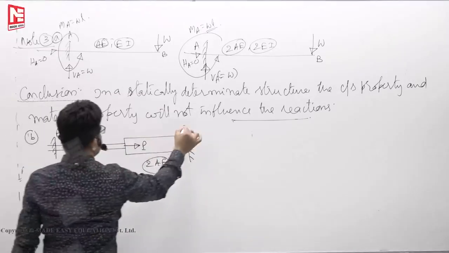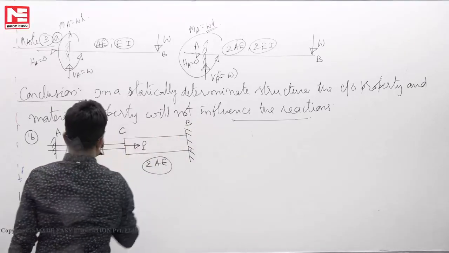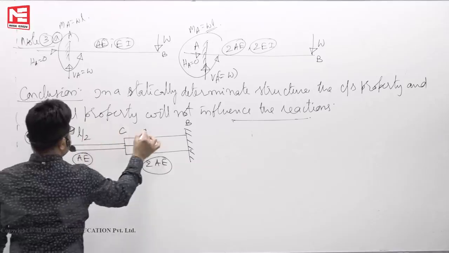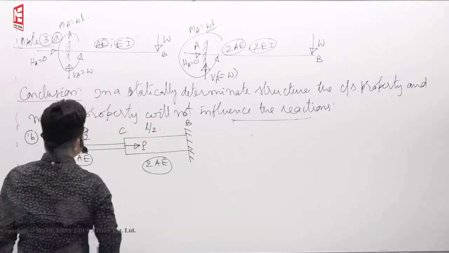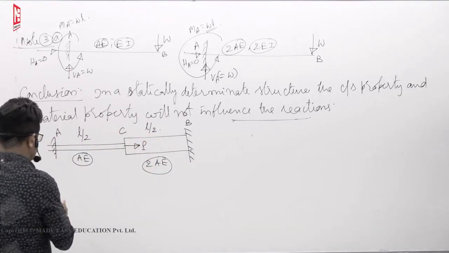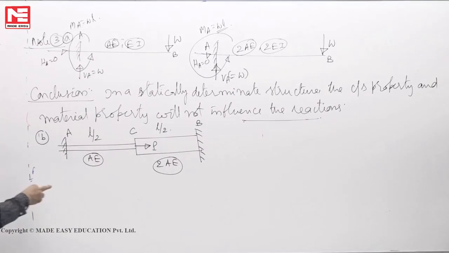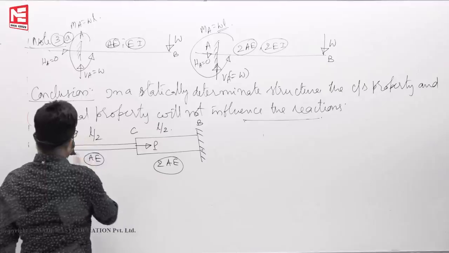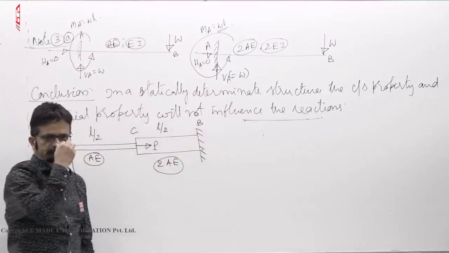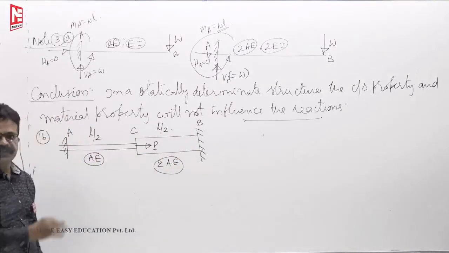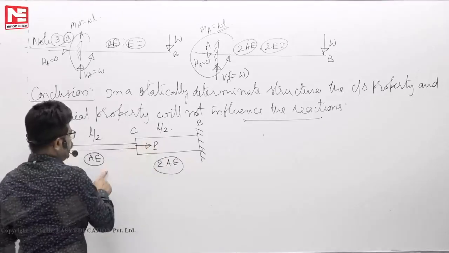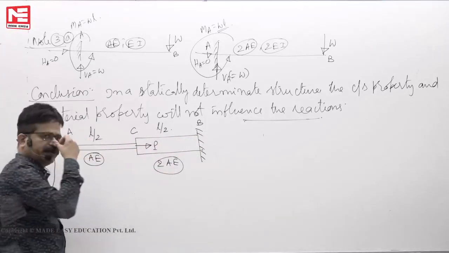This point let us say A, B, some point say C. Length is L by 2, L by 2. Now if the cross-sectional areas are the same, then HA and HB are 0.5 P, 0.5 P. But if this is 2AE and AE, this will be more than 0.5 P.